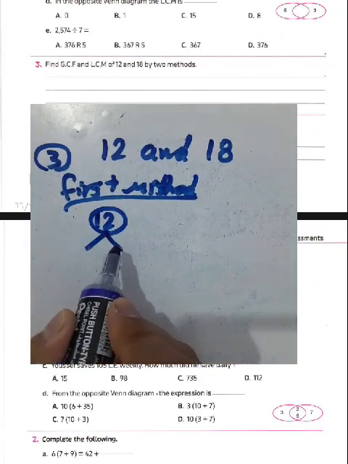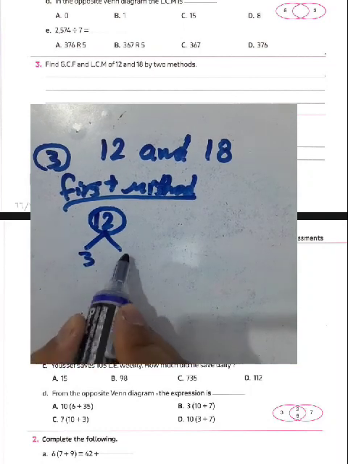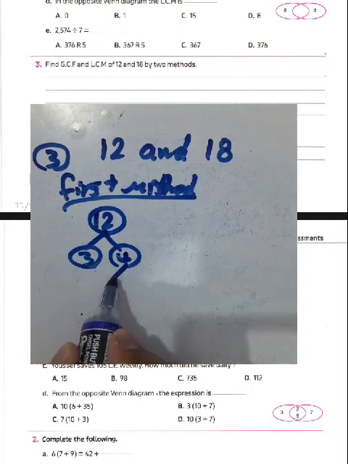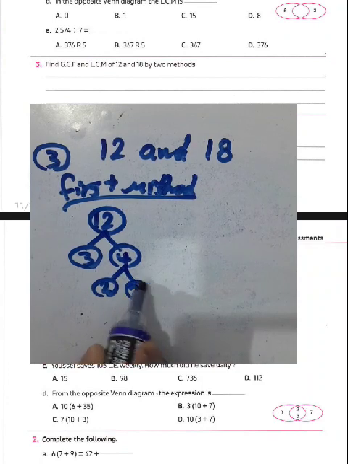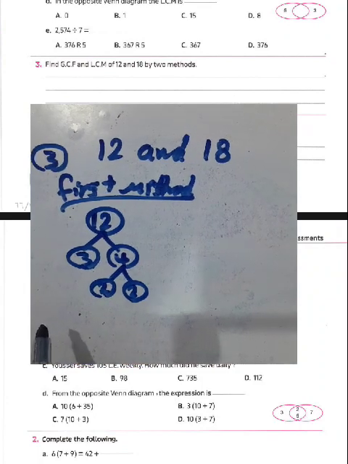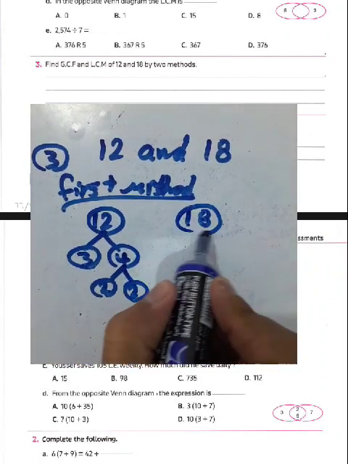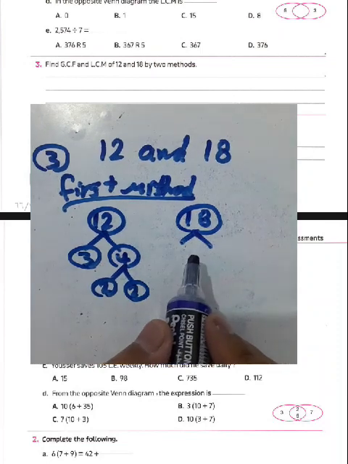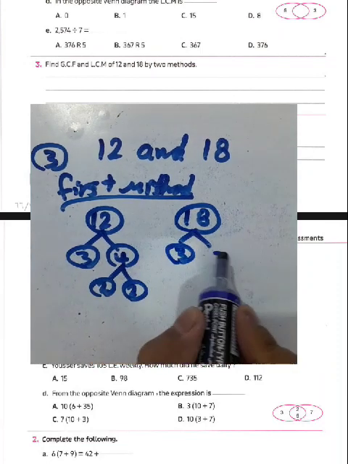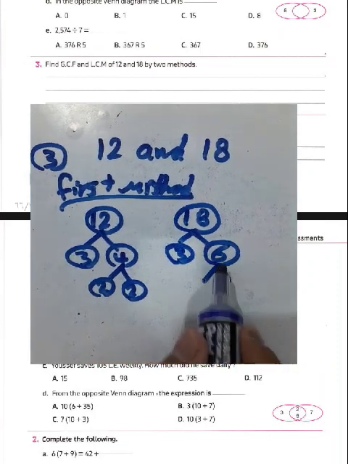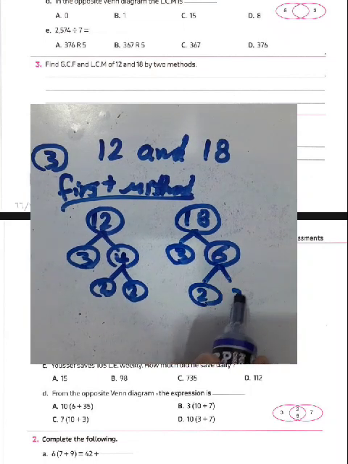We know 12 equals 3 multiplied by 4, and 4 equals 2 by 2. And 18, we can write it as 3 multiplied by 6, and we know 6 equals 2 multiplied by 3.